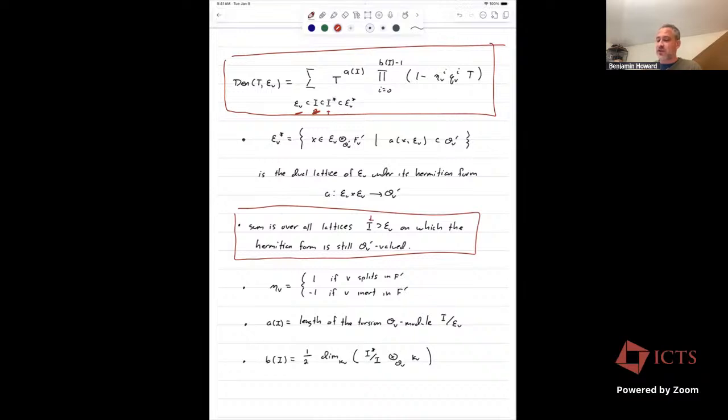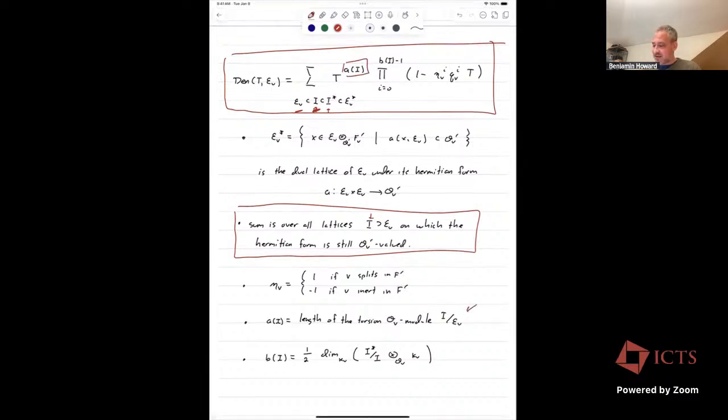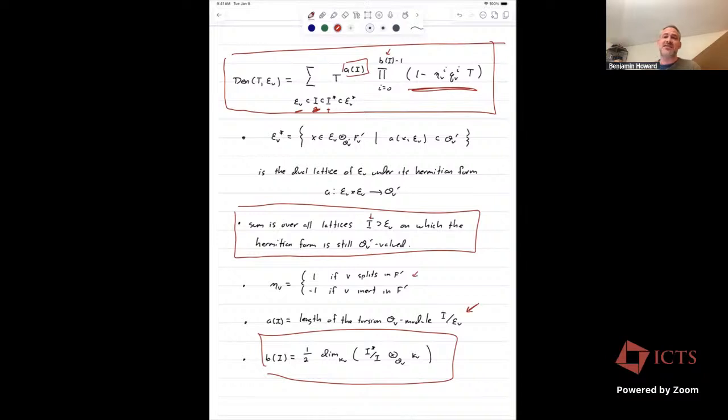You run over all these possible lattices, and there's some number associated to this lattice I, that's down here, and then some other number associated to this lattice, and that's down here. And then there's some explicit polynomial, where eta_v is plus or minus 1 depending on whether v is split or inert, and q_v is the residue degree of this place. So this is the formula.